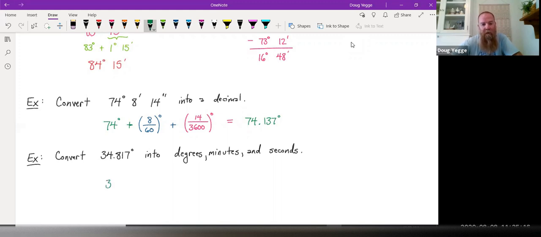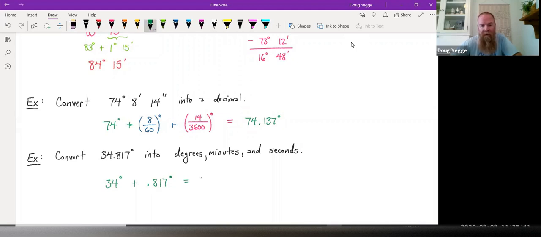So think about what that 0.817 means. It's basically 34 degrees plus a portion of another degree. Okay, well, if we think about what that means, there are 60 minutes per degree. So this decimal is really just a portion of 60 minutes.